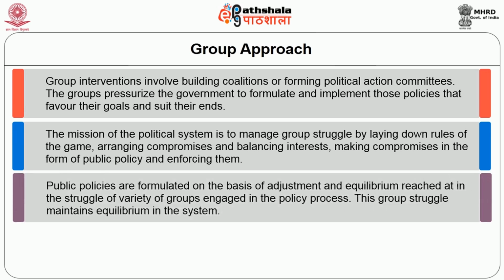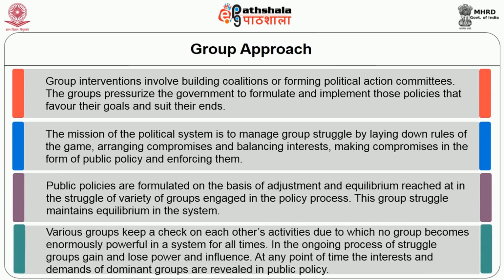Public policies are formulated on the basis of adjustment and equilibrium reached in the struggle of various groups engaged in this process. The struggle maintains equilibrium in the system in the end. At least that's what the expectation is. Various groups keep a check on each other's activities, due to which no group becomes enormously powerful at the expense of others.